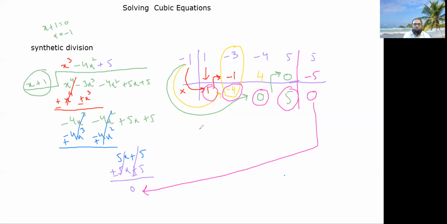So this is going to be x cubed minus 4x squared plus 5. So it is the same that you got through all this long division. Okay? Any questions here before I do another example?